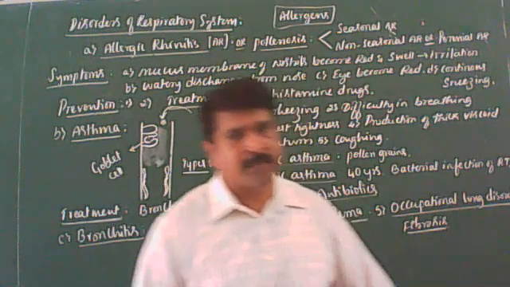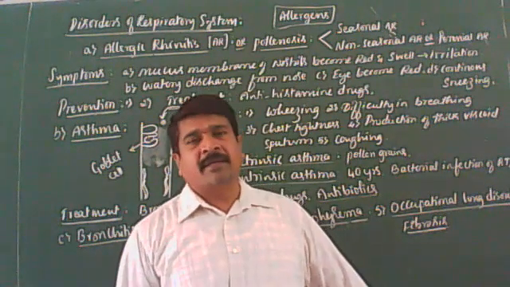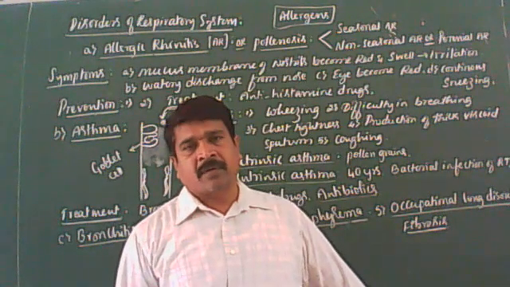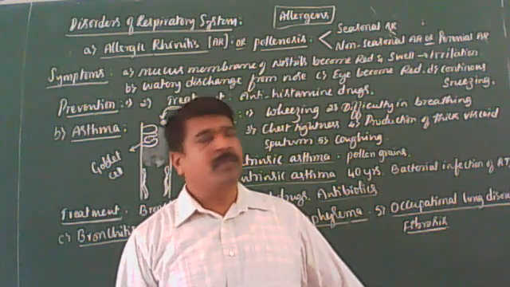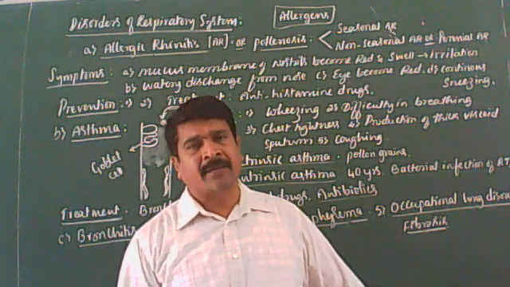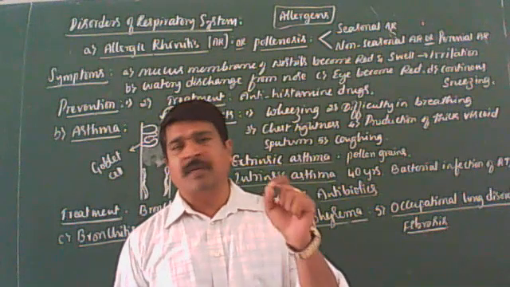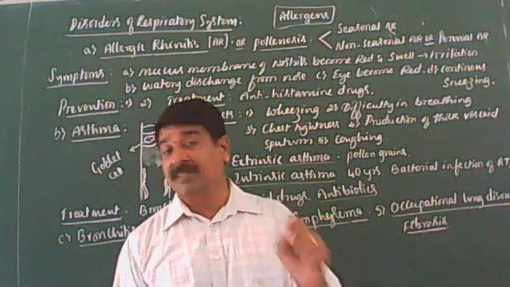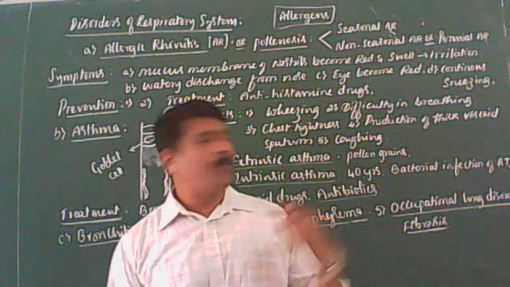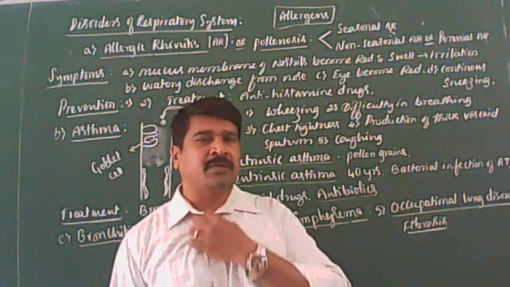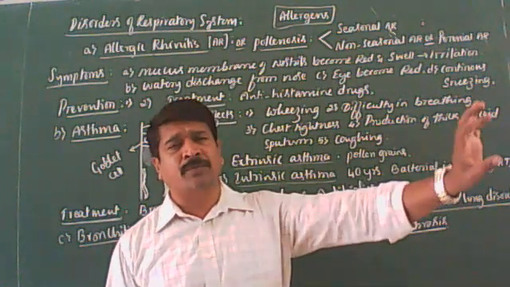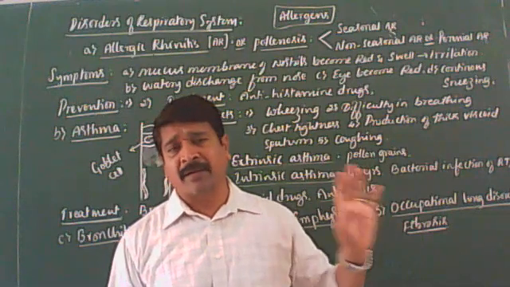I'll repeat once again. Industries like grinding industries, polishing industries, stone crushers, mining activities, cotton industries, etc. always release a very excess amount of particulate dust continuously. The people working in these industries are continuously exposed to that fine particulate dust.